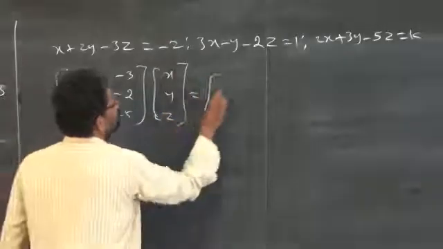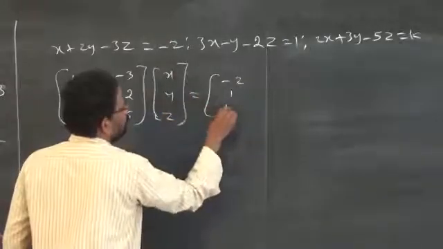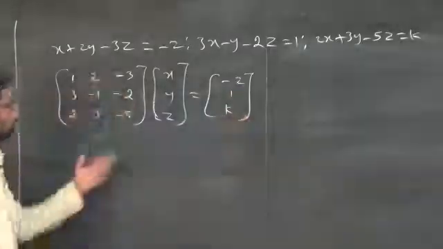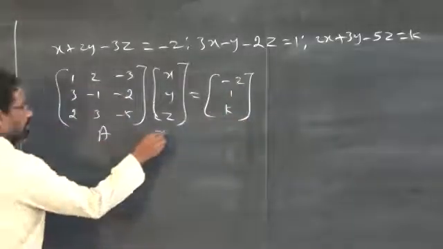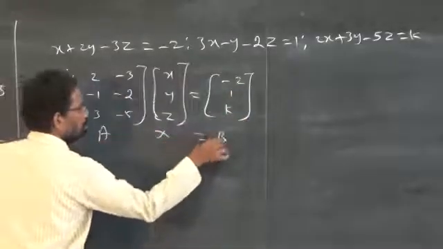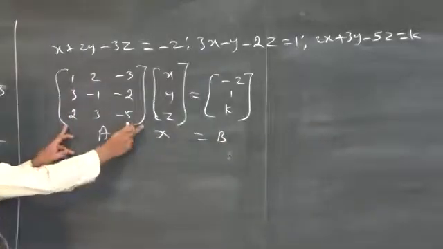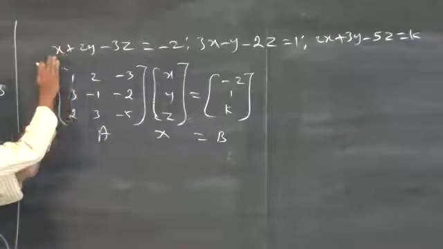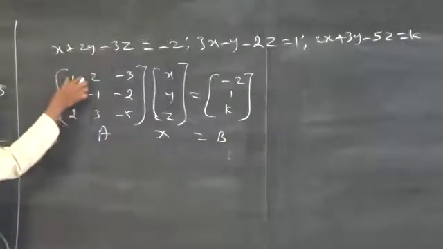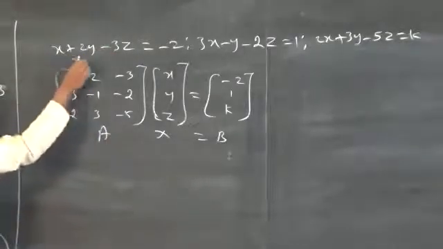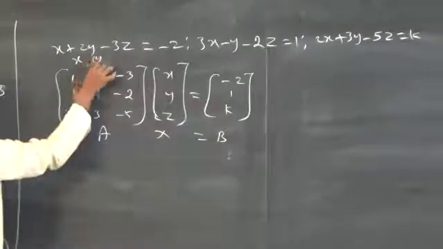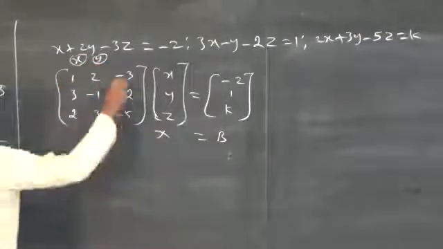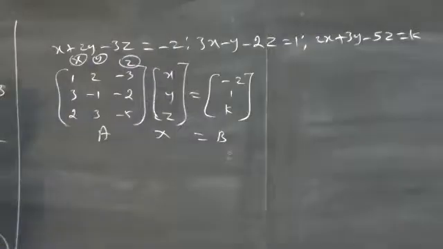Then constants minus 2, 1, k. So, you name it as Ax is equal to B. This is called the coefficient matrix because you are taking the coefficients of the variables x, y and z. First column refers to x, second column refers to y and third one z.